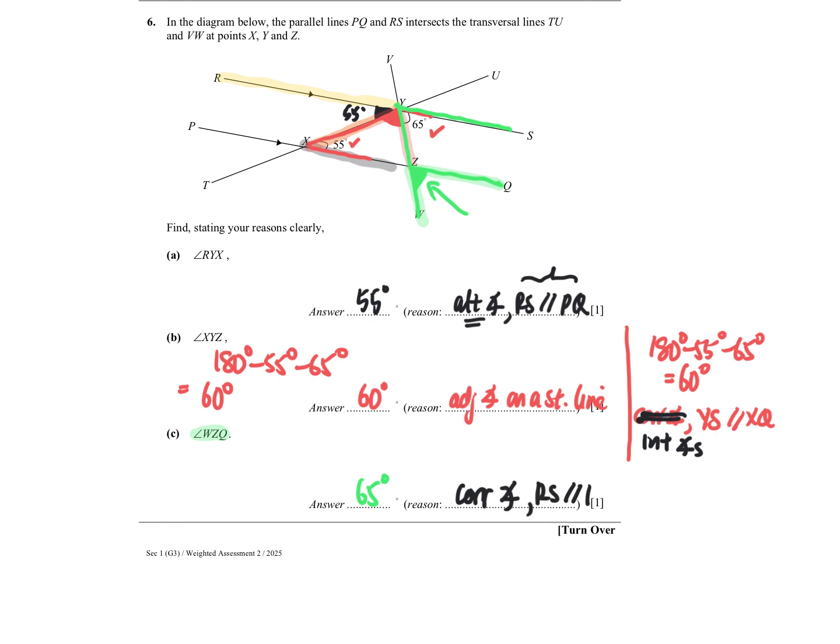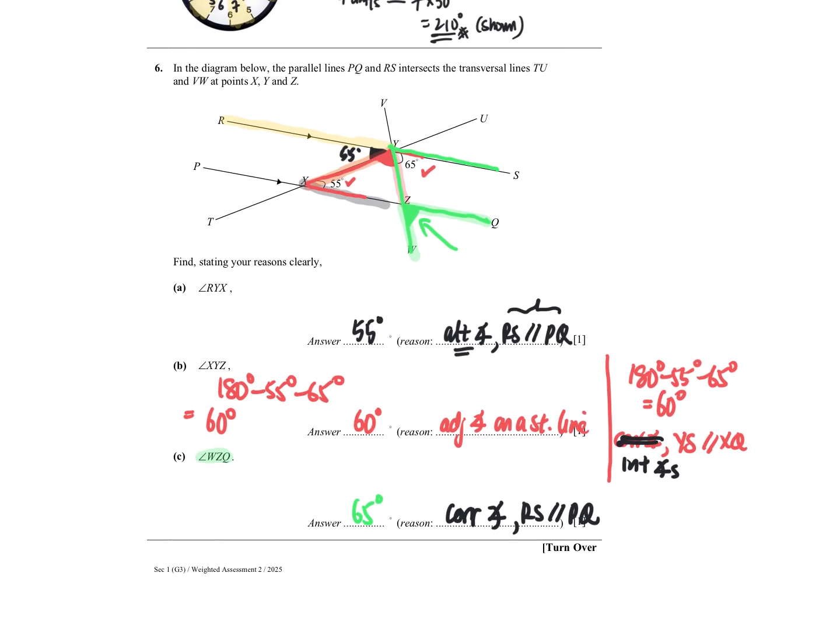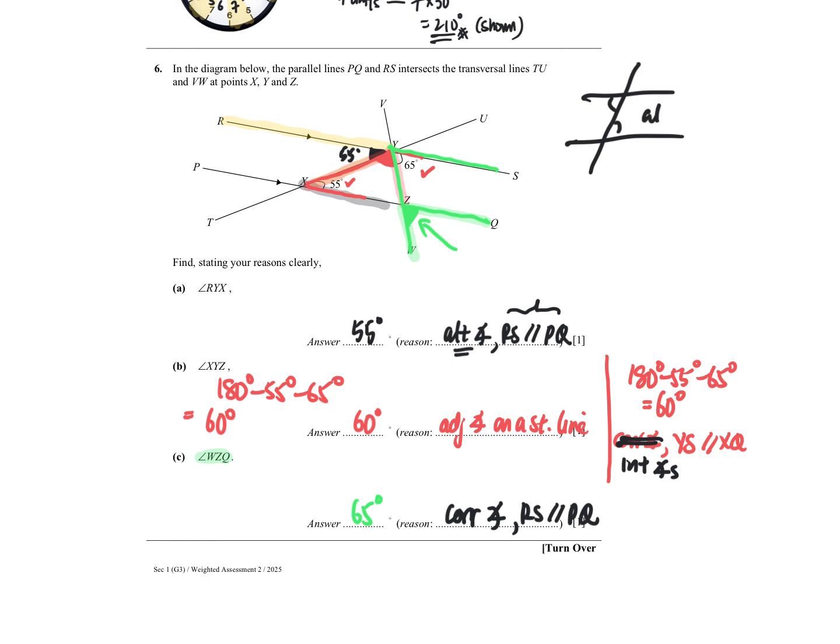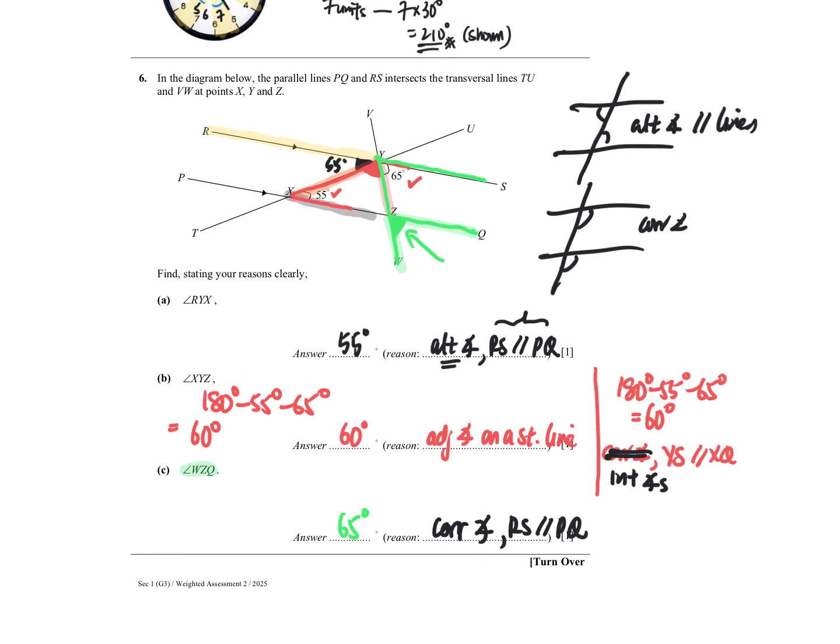RS parallel to PQ. Okay, so I repeat one more time. This is alternate angles, parallel lines. This is corresponding angles, parallel lines. Okay, and then the last one is the letter C, is interior angles, parallel lines.